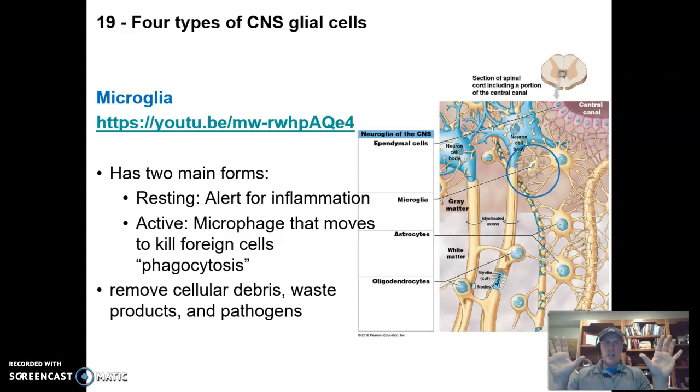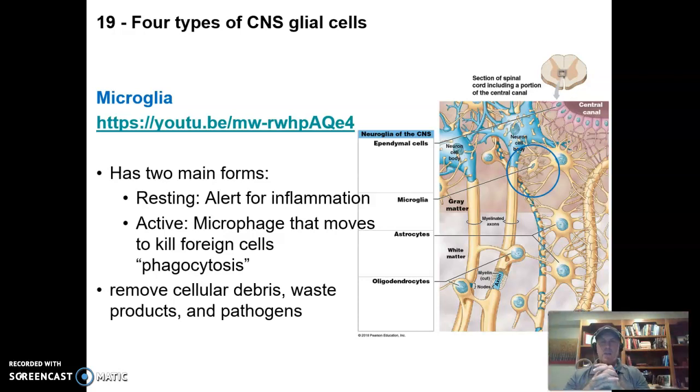And it goes into this mode where it transitions to where it becomes like this blob that moves, and it finds these cells and it basically gobbles them up, and then once it gobbles them up, it releases them for other macrophages to come in and actually pick those up and take the debris off.